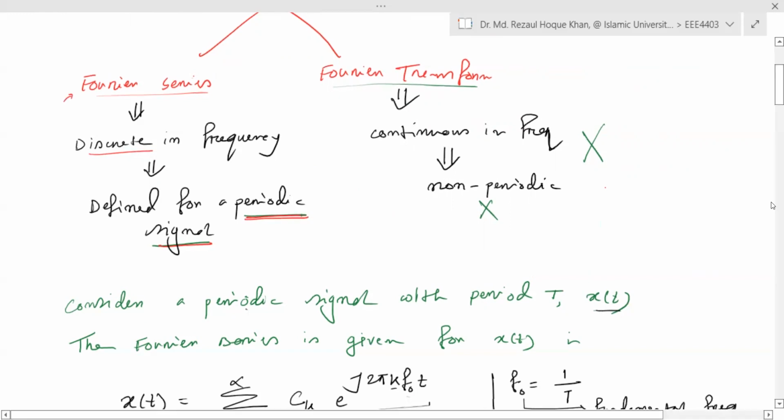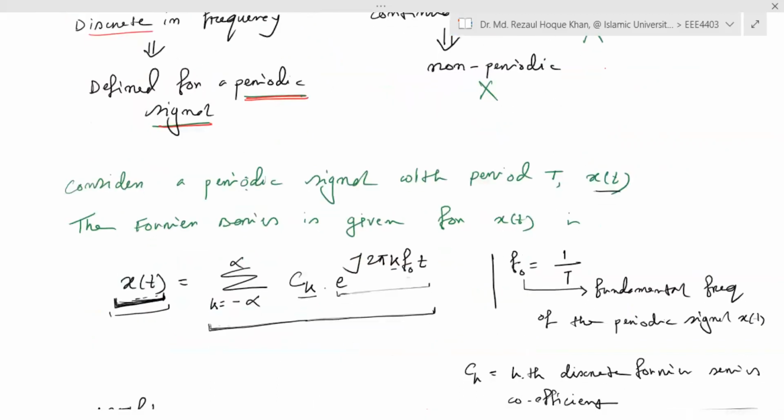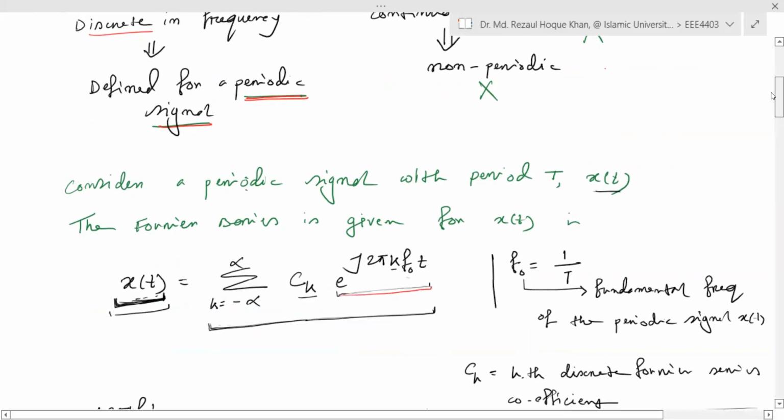A Fourier series of a periodic signal is nothing but the linear combination of complex sinusoids of its harmonics.